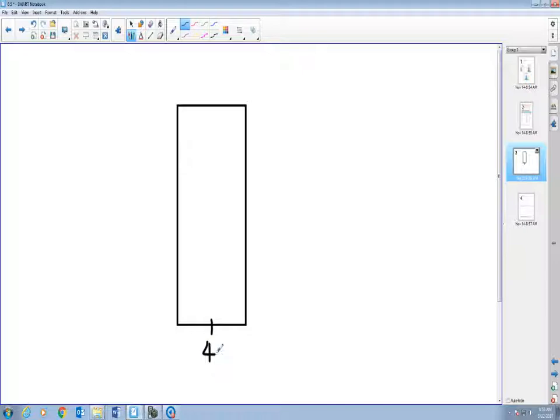I need to find the area to the right. If I want to find the area to the right of this thing, everything to the right, that means what I want is right here. But that actually does not cover the whole rectangle. This is only half of a rectangle.